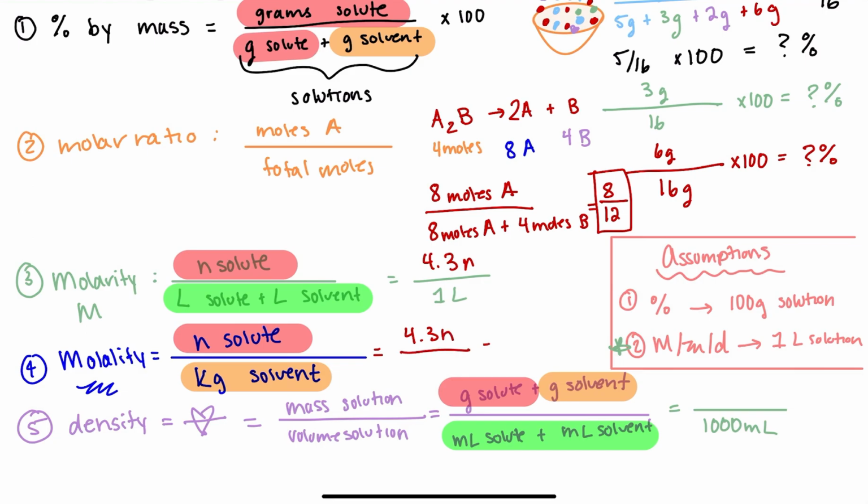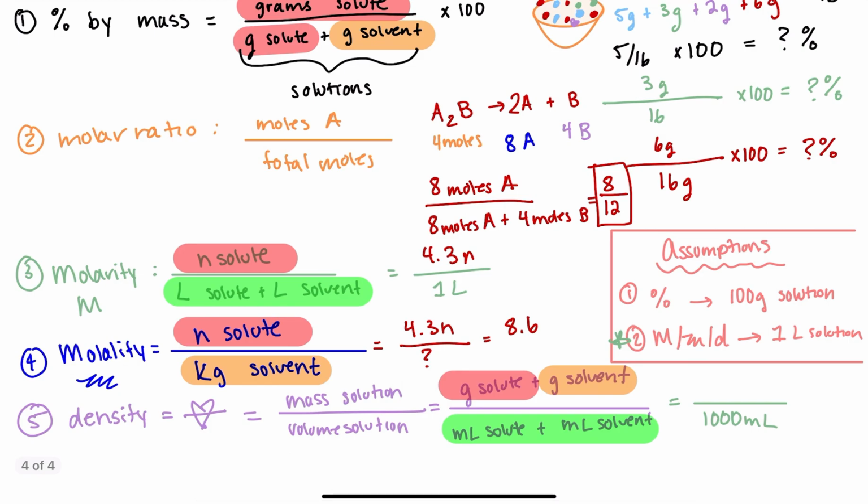And if molality is given, let's say molality was 8.6, how many kilograms of your solvent would you have? You'd technically have 0.5, right? So what I'm trying to get to is all of this connects with each other. You all have to fit the pieces of the puzzle and see what goes where.